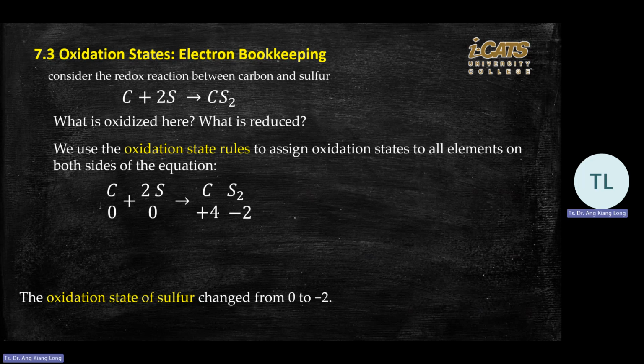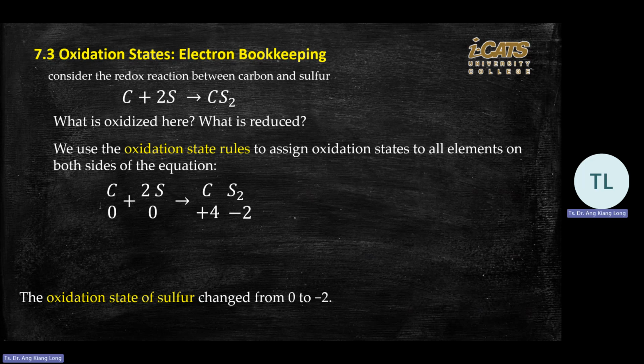C is 0, S is 0. You understand why 0, right? Why 0? Because the atom C has no charge. Atom S or molecule S, 2S, has no charge. So the oxidation number is 0, 0.